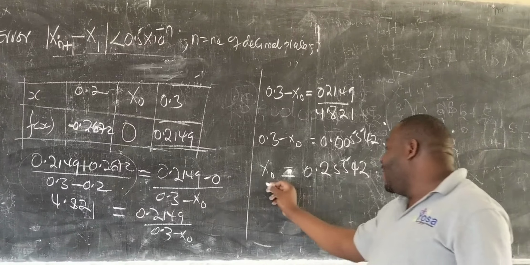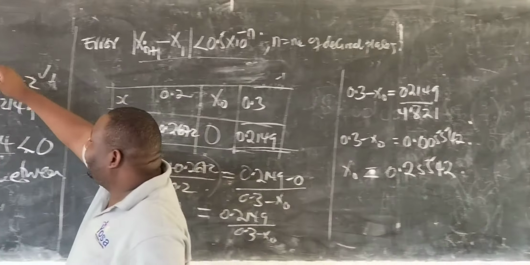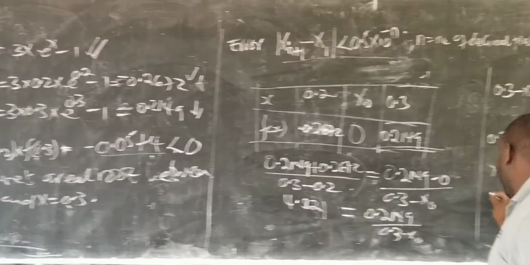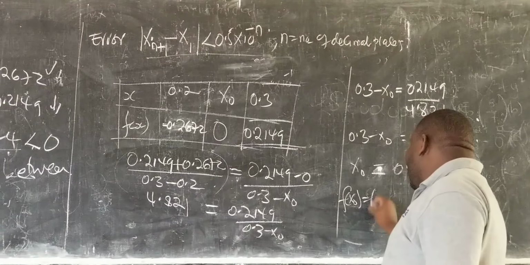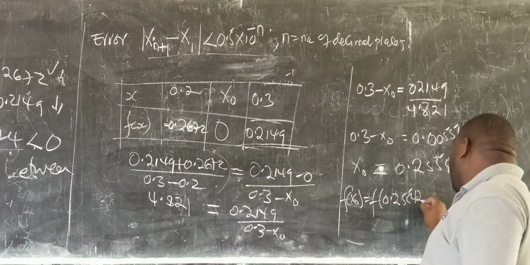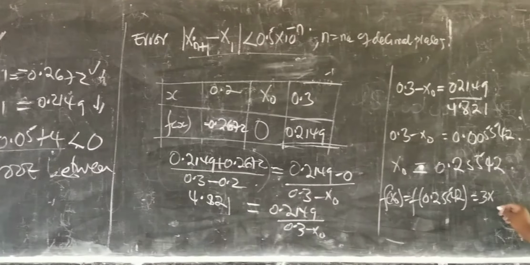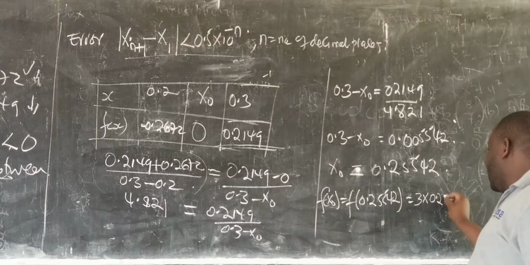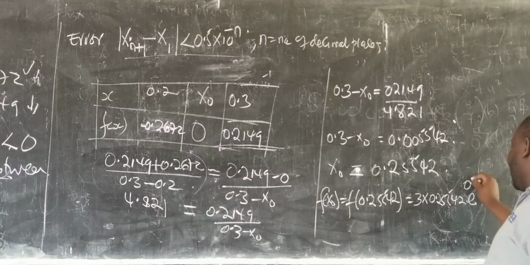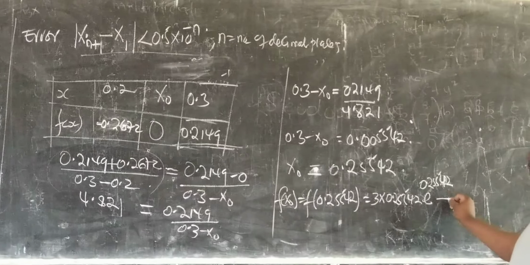So now after getting x naught, you come back to this equation and substitute f of x naught, which is 0.25542, which is the same as we're substituting there: 3 times 0.25542, then e to the power 0.25542, then minus 1.